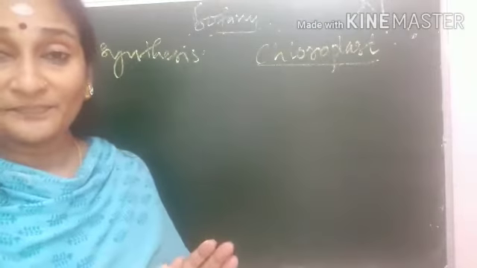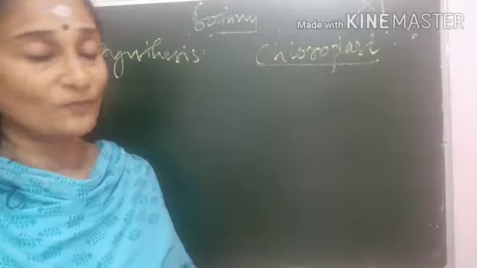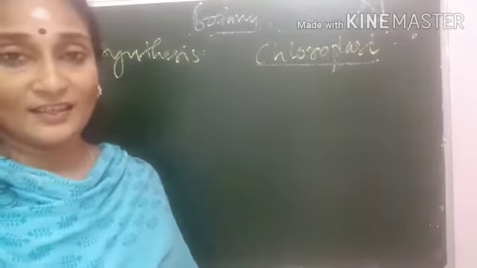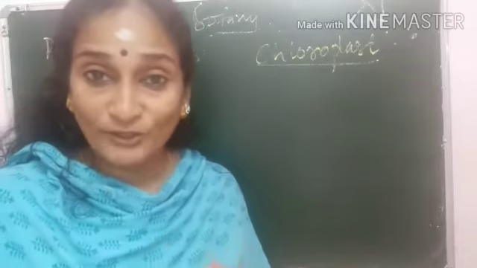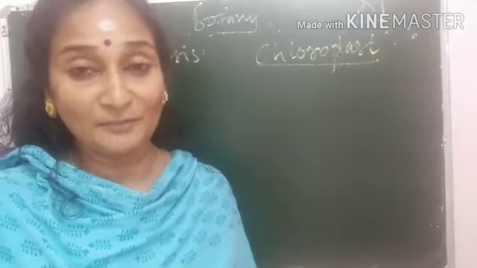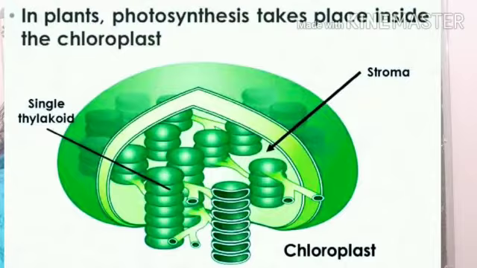There are some special kinds of molecules present in chloroplast. Then what's the structure of a chloroplast? Chloroplast has a double-walled membrane, and inside the membrane there are many thin green flattened structures called thylakoids, and a group of thylakoids together is called grana.